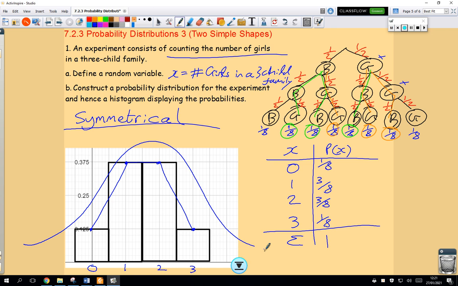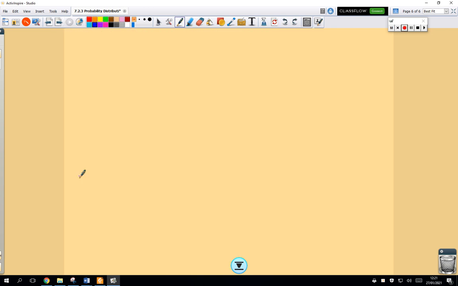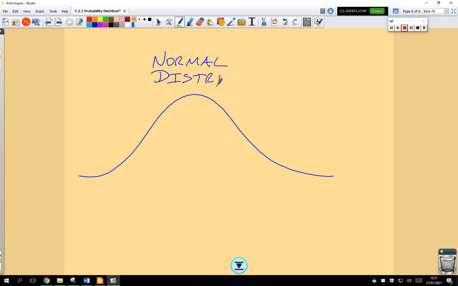So in our next class we'll be talking about a distribution that looks like that, and that distribution has various properties, but let me just draw it because you're going to be getting familiar with this shape as you go on. That's my best picture. We're going to be talking about normal distributions in our next class.